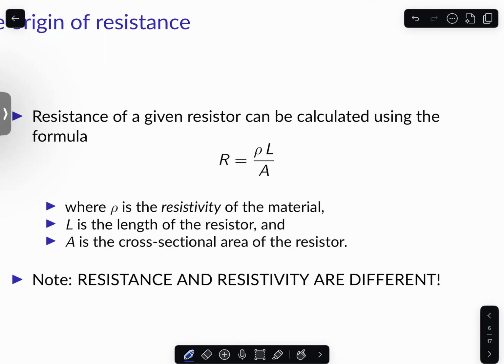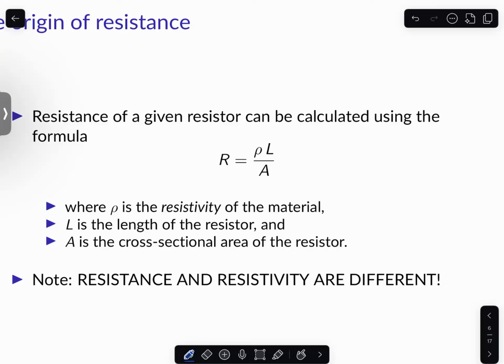For our purposes, at room temperature, rho is based entirely on, is this steel, copper, carbon, iron, what? Rho is a property of the material. So if I double the voltage across a resistor, how does rho change? It doesn't. As long as the resistor is made of the same material, rho can't change.